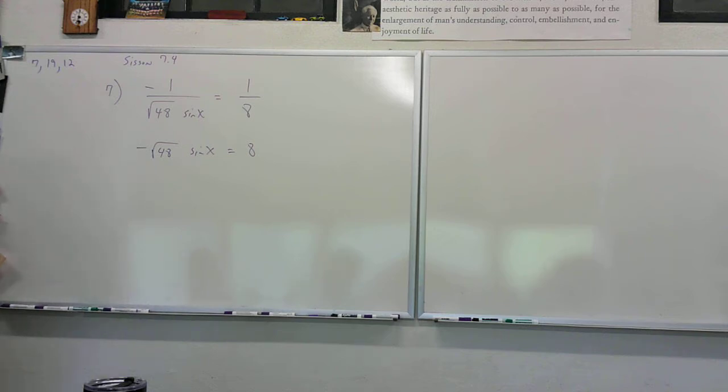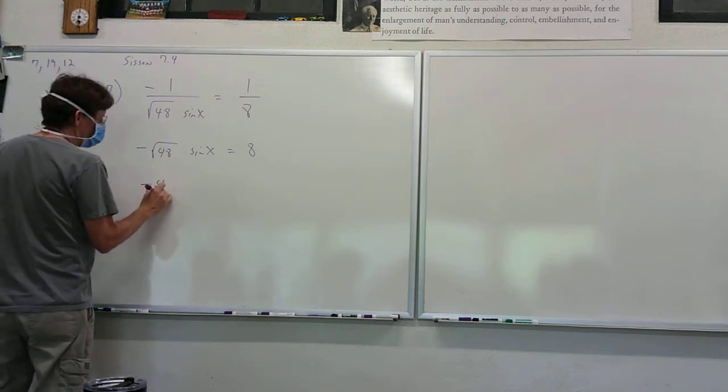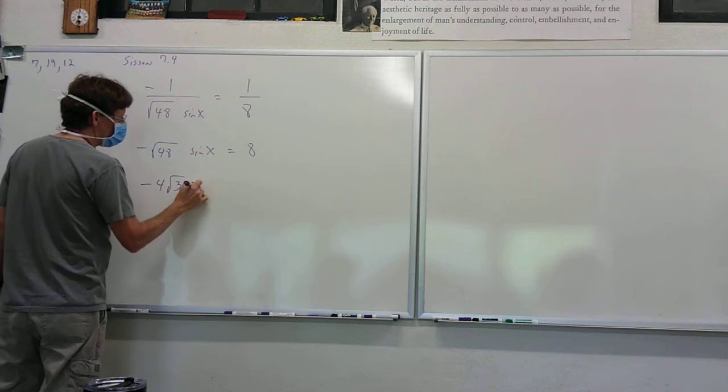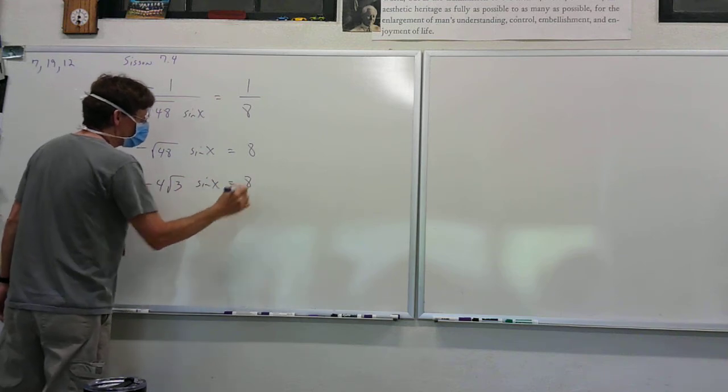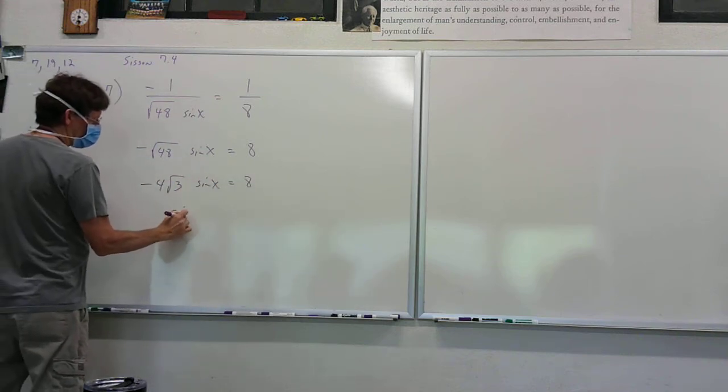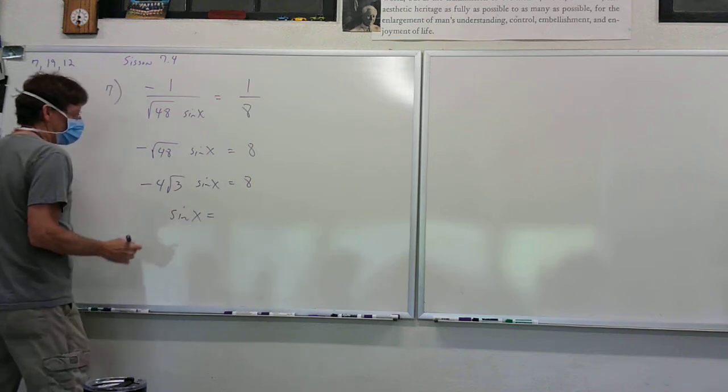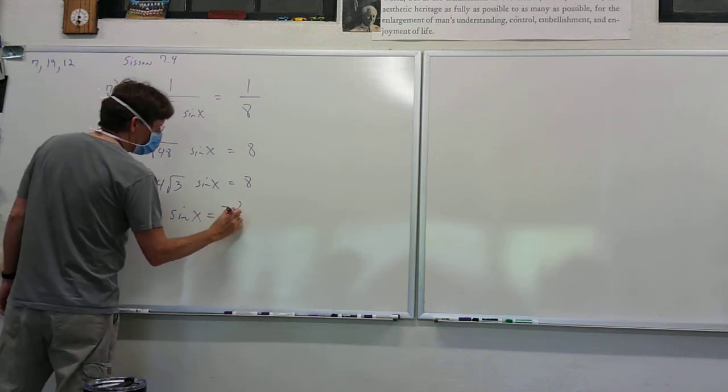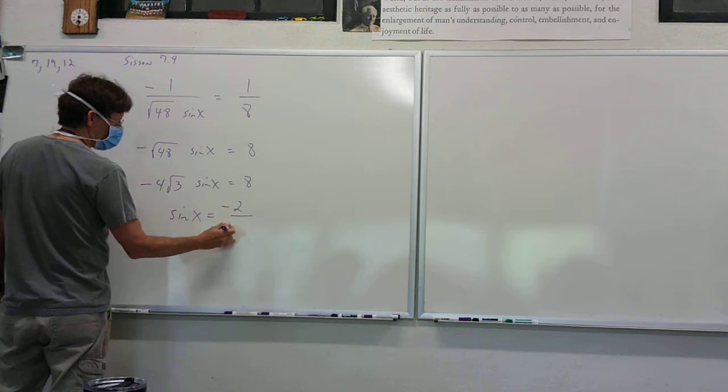That's 16 times 3, and why did I pick 16? That's right. That's really -4 square roots of 3 sine x equals 8. So sine x really just equals -2 over the square root of 3.